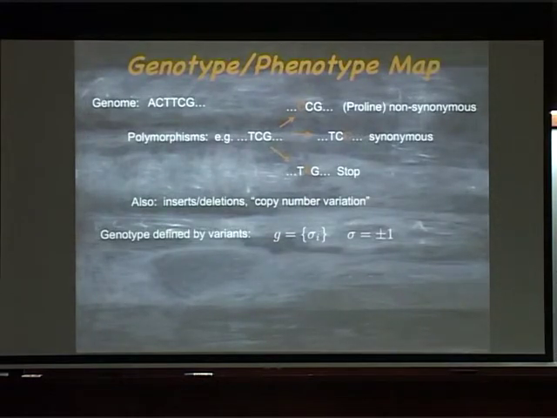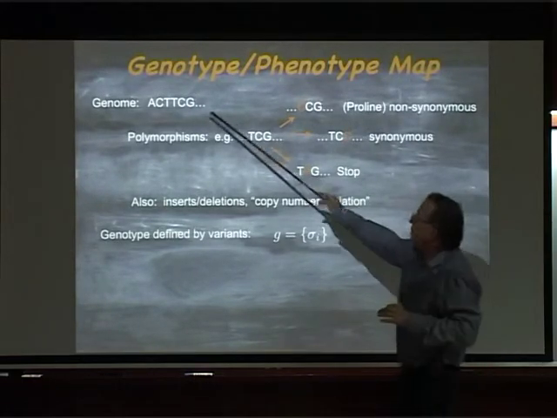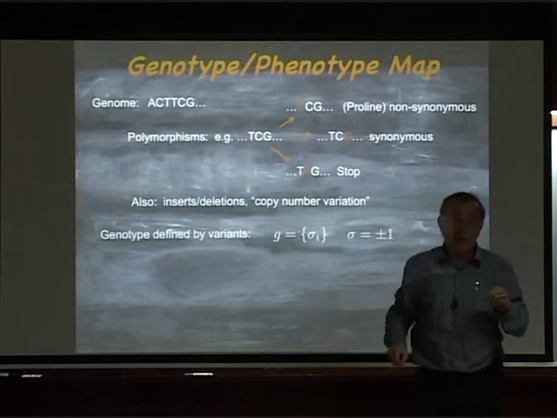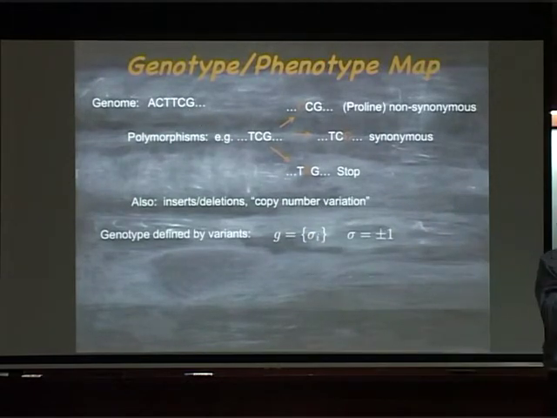And typically, you will not see a single locus, right, a single letter, in three different variants. You will see only one variant.